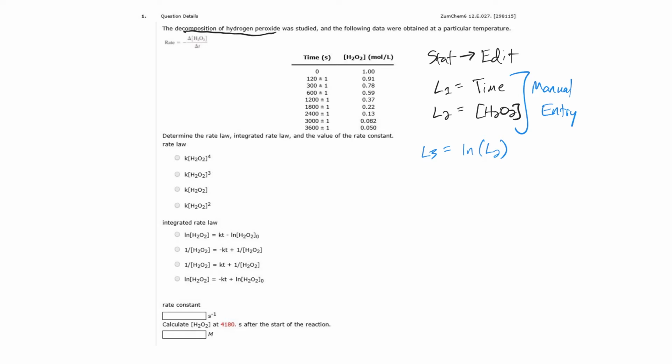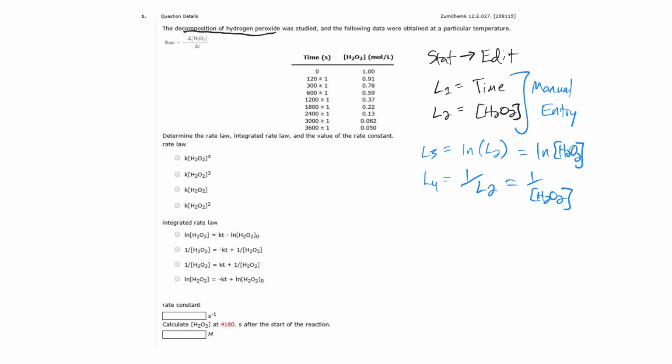What you're telling your calculator to do is to populate list number 3 with the natural log of all the numbers that are in list 2. So effectively, what you're making is the natural log of H2O2. L4, we're going to do something similar. We're going to say 1 divided by L2, which will give us 1 over the concentration of H2O2.